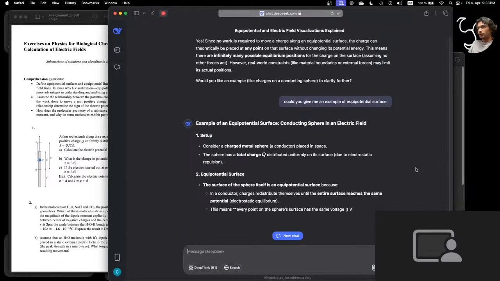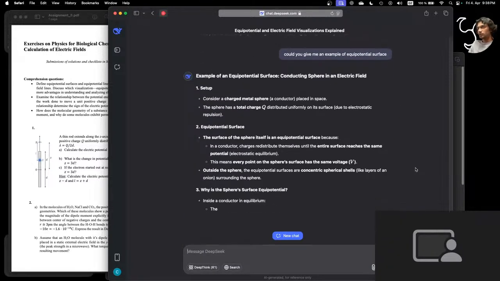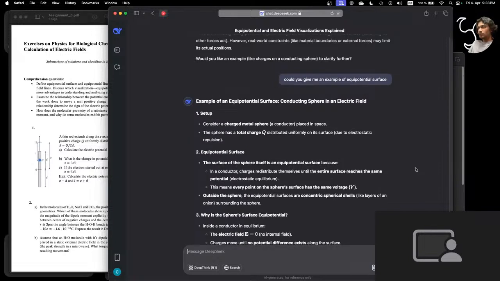Conducting sphere. Consider a charged metal sphere. The sphere has all its charge distributed uniformly on its surface due to electrostatic repulsion.